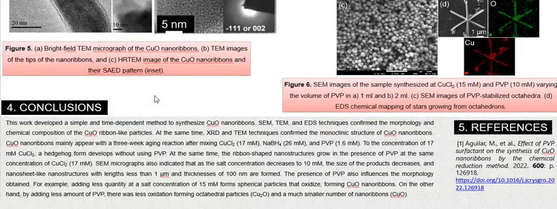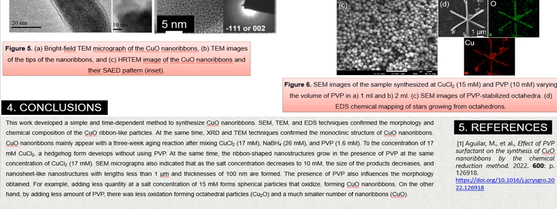In conclusion, the work developed a simple and time-dependent method to synthesize cupric oxide nanoribbons. SEM and EDS techniques confirm the morphology and chemical composition of the cupric oxide ribbon-like particles.